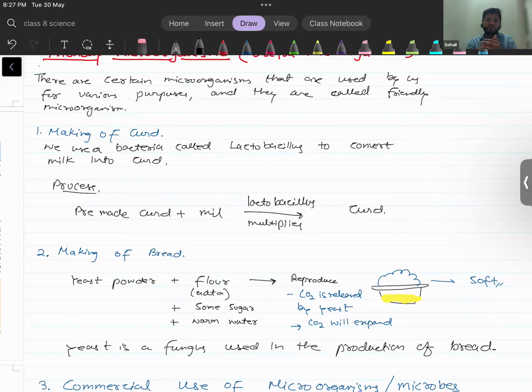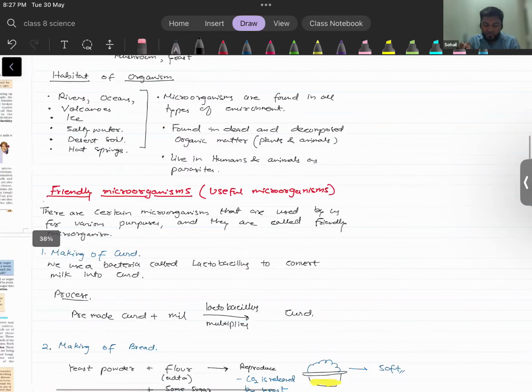There are so many antibiotics present in the market, like streptomycin or penicillin. These are all antibiotics made from different microorganisms. So read what we have discussed so far.